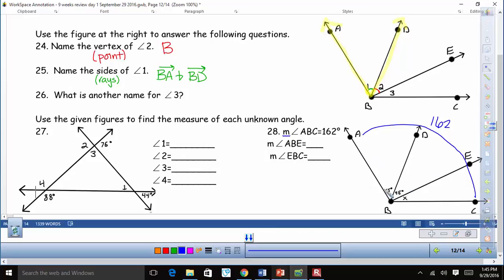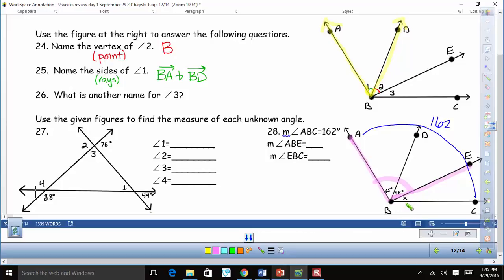How would I find ABE? I'll highlight because it's been a while since we've done angles. If I'm looking for ABE, I start at A, color down to B, and then go out to E, and the angle I'm looking at is where these two connect. So I'm looking at this entire angle.